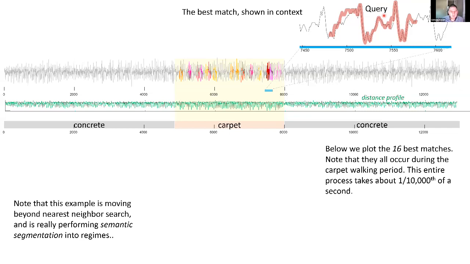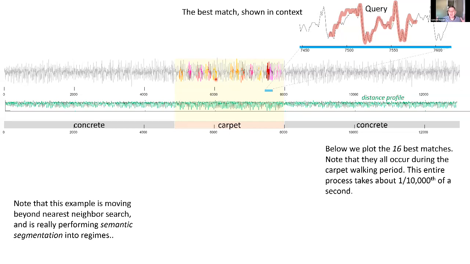Before I move on, this is actually a quite surprisingly useful tool here, because in a sense, I've done something even greater. I've done semantic segmentation. So if I did not have the labels concrete, carpet, concrete, and I just looked at where the matches are, they begin here and they basically fill the space and end here. And that strongly suggests that this is a coherent segment, a coherent regime.